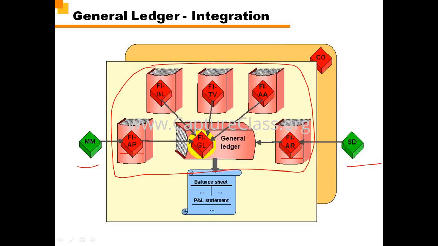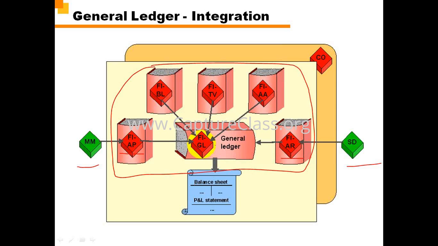As a result, the respective GL accounts in the general ledger are updated automatically through the process of integration. Means what? The total expenses, revenues and balance sheet items of your total organization are available in the general ledger in the form of GL accounts.